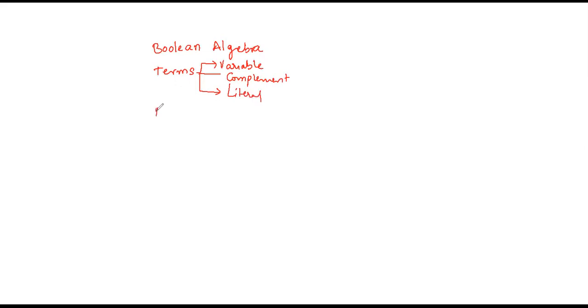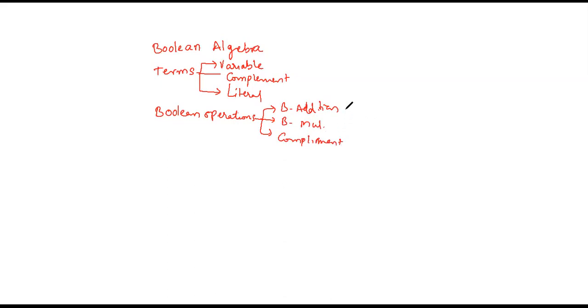Next, we have gone through the basic Boolean operations. Boolean operations are 3: Boolean addition, Boolean multiplication, and Boolean complement.